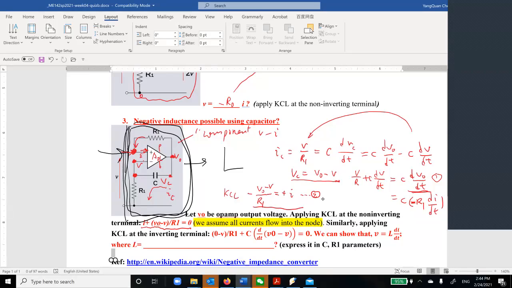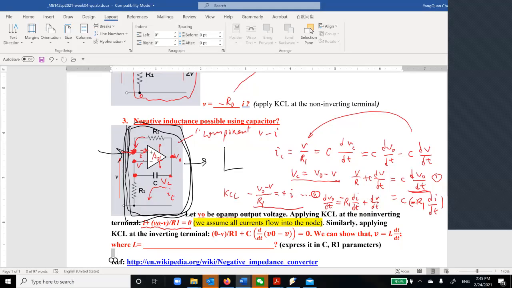So let me write it clearly. So dV0/dt will be minus R1 di/dt. So this is a minus sign here, then I have a positive sign here, then dV/dt.